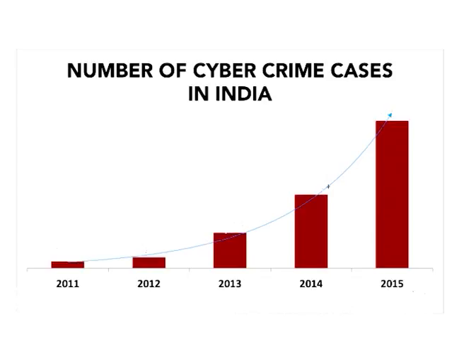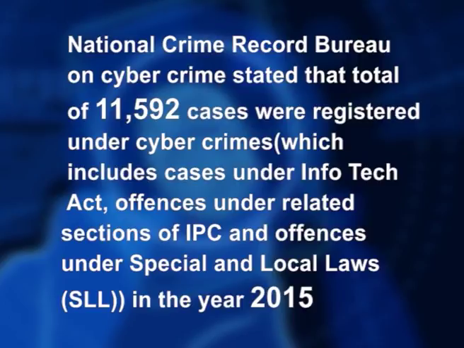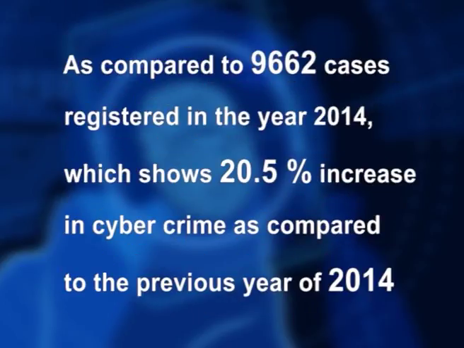Cybercrime cases are increasing day by day in India. Data released by the National Crime Records Bureau, or NCRB, on cybercrime stated that a total of 11,592 cases were registered under cybercrimes, which includes cases under the Information Technology Act, offences under related sections of the IPC, and offences under special and local laws, that is SLL, in the year 2015, as compared to 9,662 cases registered in the year 2014, which shows a 20.5% increase in cybercrime compared to the previous year of 2014.